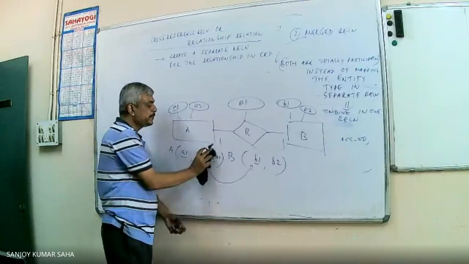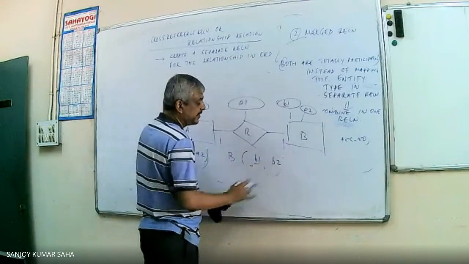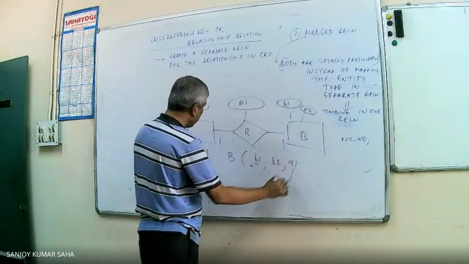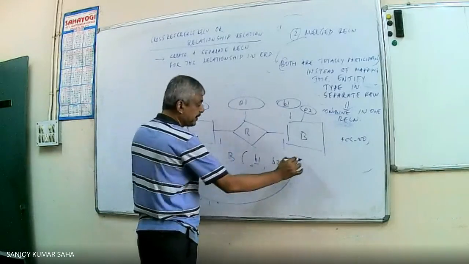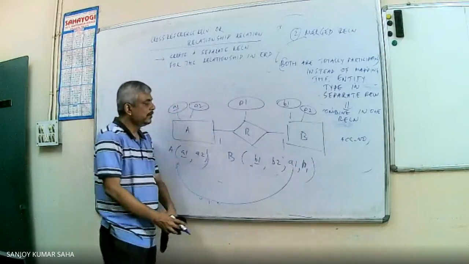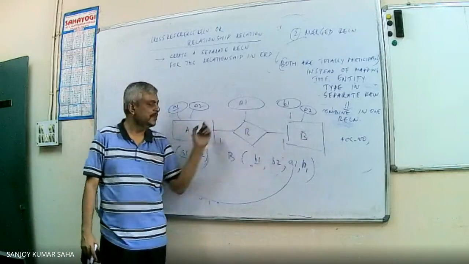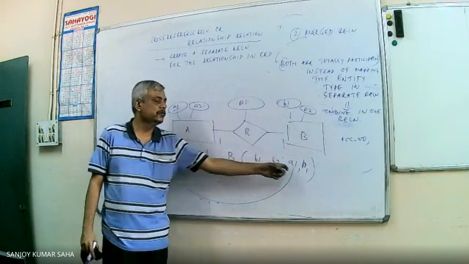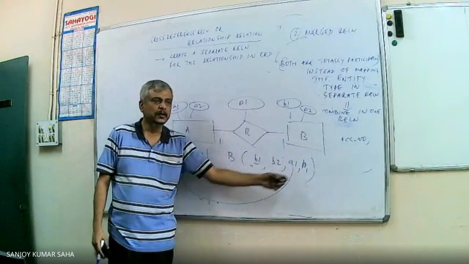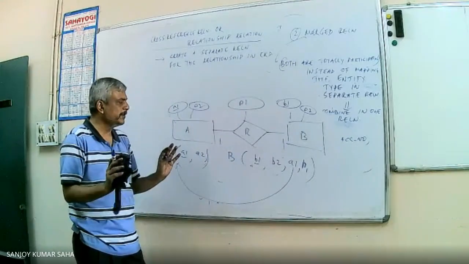Same thing, if somebody thinks that, okay, I'll be putting it on the other side, so copy the primary key of the other, referring to this, in that case, R1 will also come here. Then again, as this is also partially participating, it may not have any related instance here, so we have to allow the null value. If you are ready to allow the null value, fine, you follow any of these.